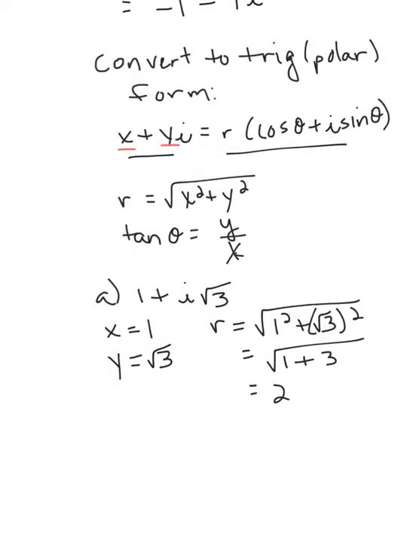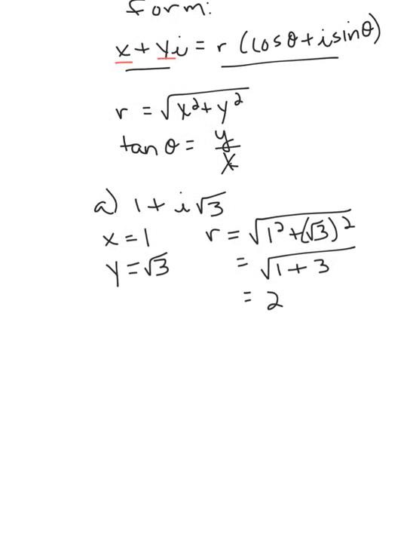The other thing we want to think about is tangent. The angle that we are looking for has a tangent of y over x, or square root of 3 over 1. There's more than one angle that has that tangent.